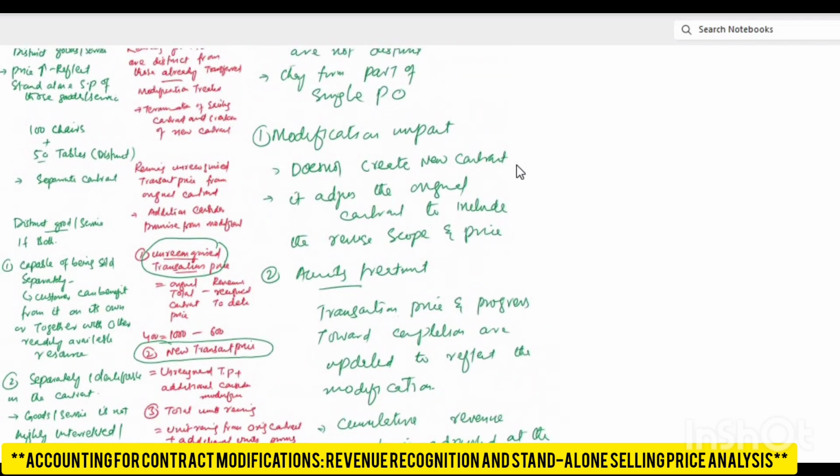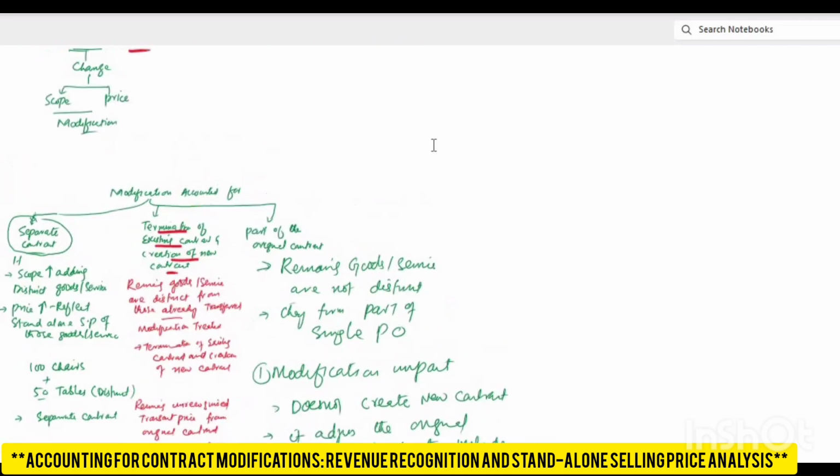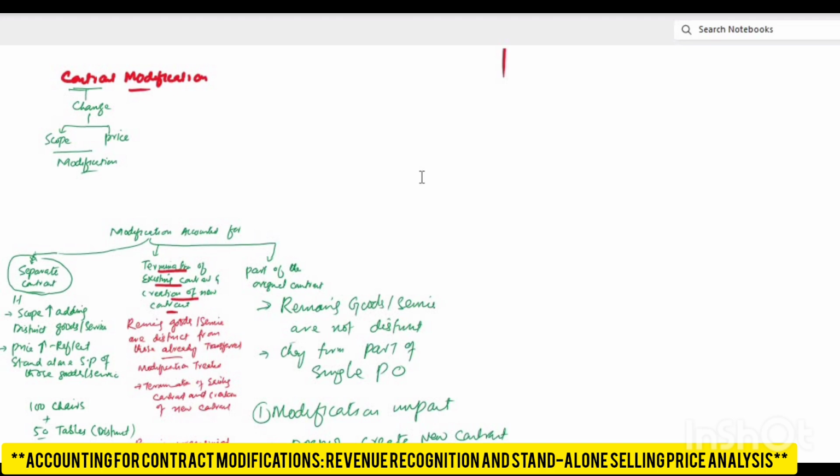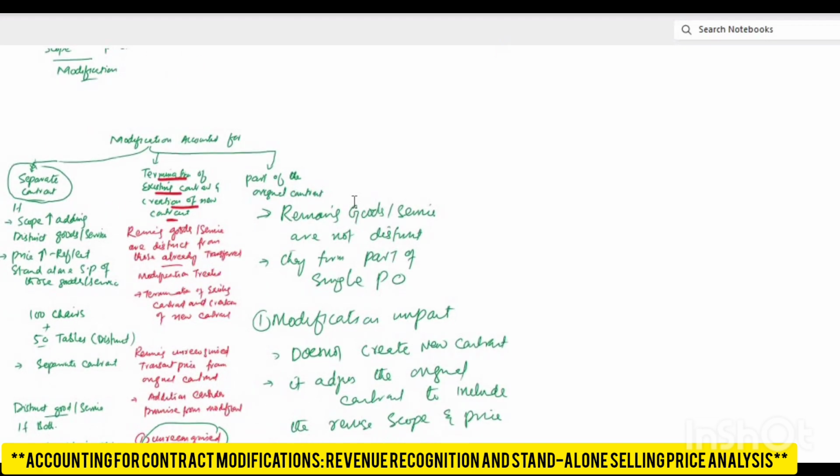So we have discussed that when there is a change in the scope and the price, then we call that a modification. Okay, and when there's a contract modification, then you will have three scenarios, three outcomes.